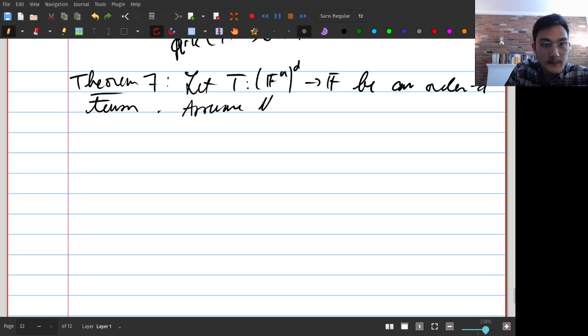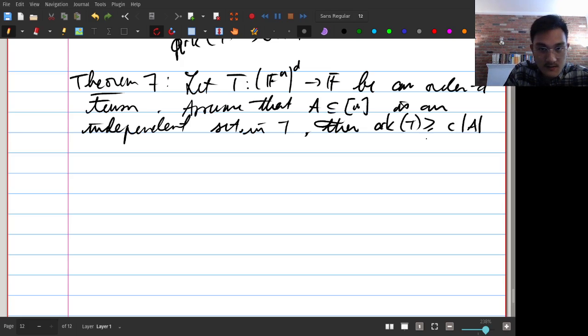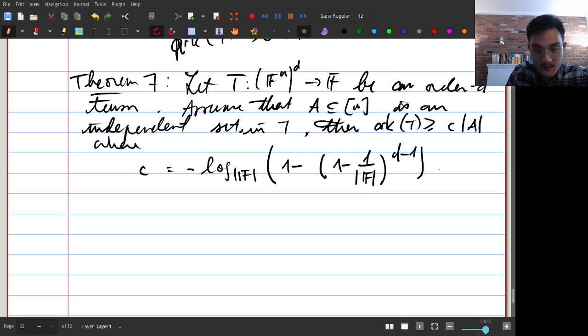Assume that A, a subset of n, is an independent set in T. Then the analytic rank of T is greater than or equal to C times the size of A, where C is minus log base the size of F of 1 minus 1 over the size of F to the d minus 1.